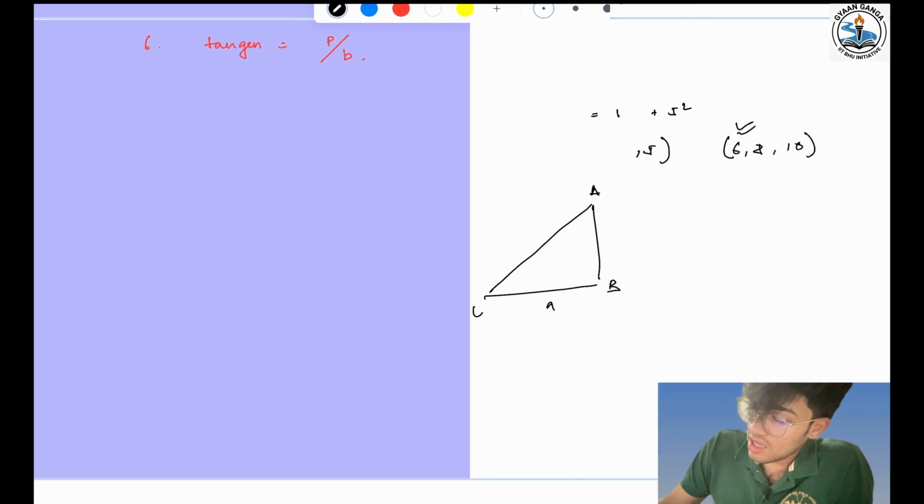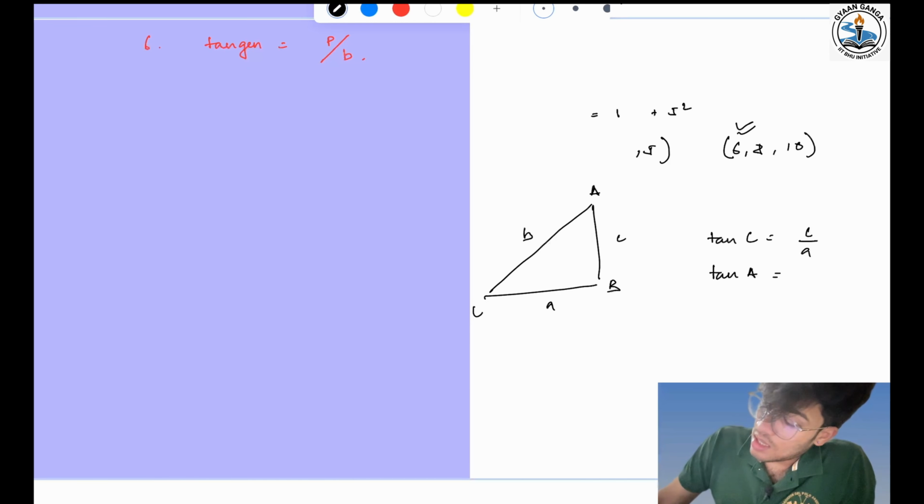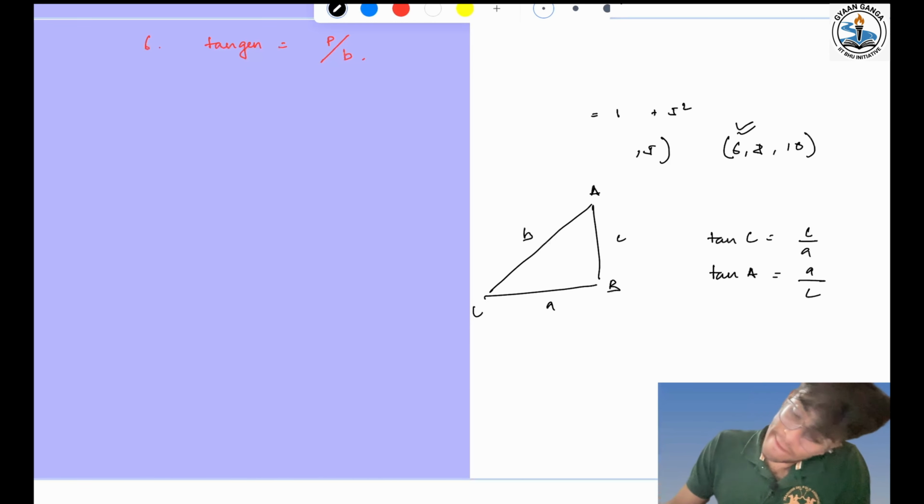This is side A, this is side C, and this side B. Then tan of C is actually C by A, perpendicular by base. And similarly, tan of A is A by C. Again, as homework, I want you to find tan of B.